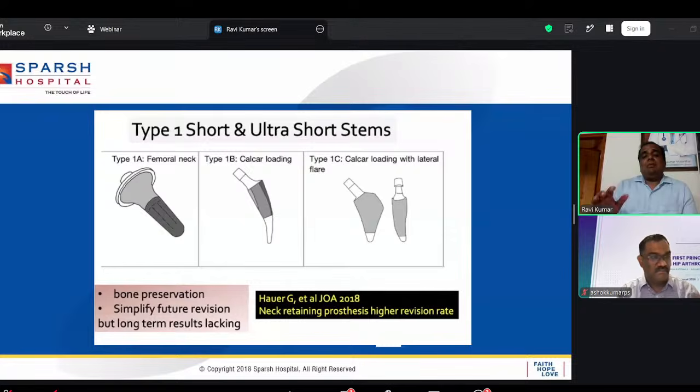Especially the lateral flare-based, like Proxima-like stems, cause a lot of metaphyseal bone loss compared to the long stems. For example, if we use an Accolade stem and a Proxima stem and they become loose, or when we are revising and removing, the Proxima stem will cause more metaphyseal bone loss than stems like Accolade or Corail. So that's why it has lost its interest.